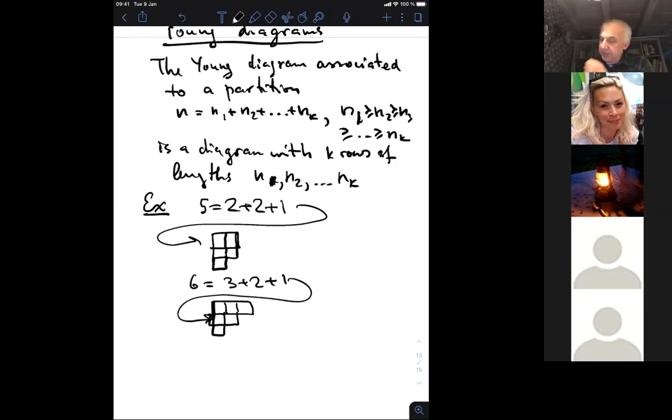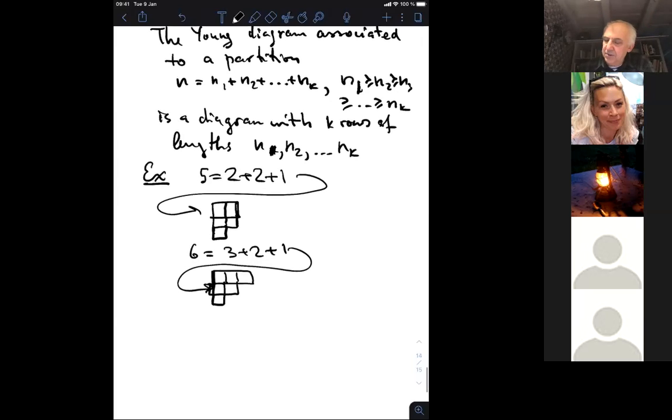Sometimes they are upside down because there is this British or English convention and the French convention. In the French convention, they are bottom to top, so to say. They start from the bottom. It would be 1, 2, 2 in the first case and 1, 2, 3 in the second case. But different books show them differently.